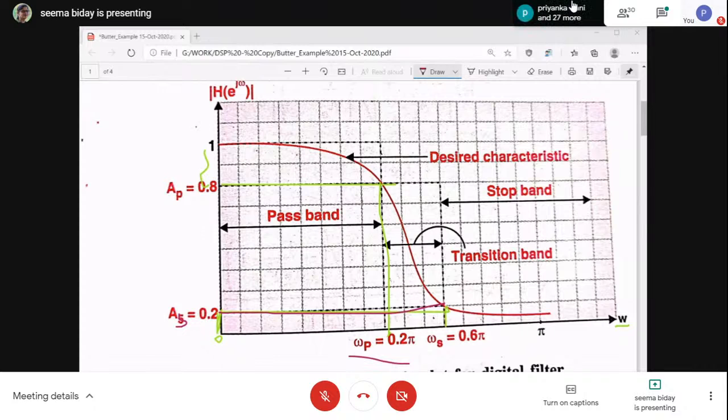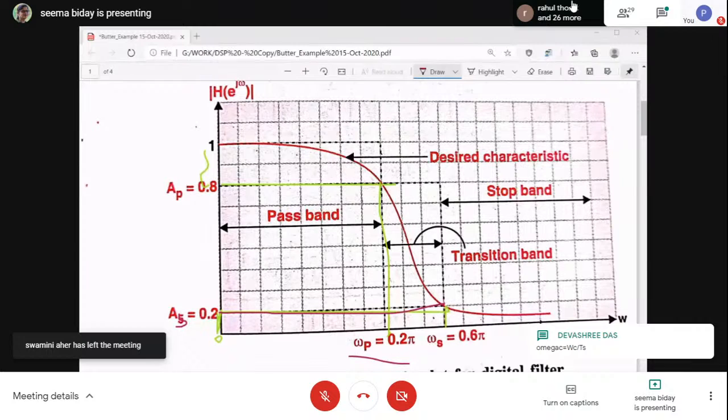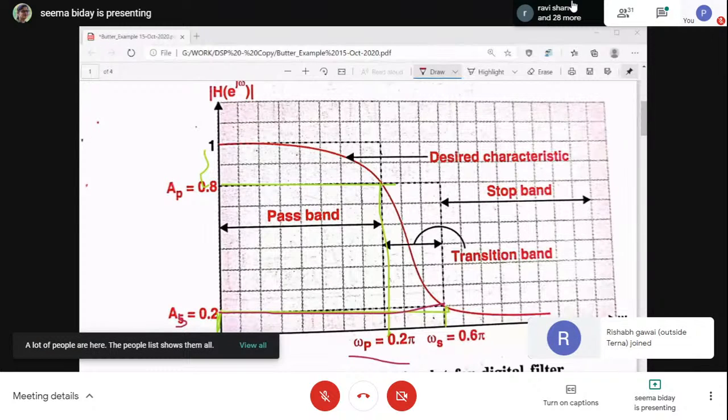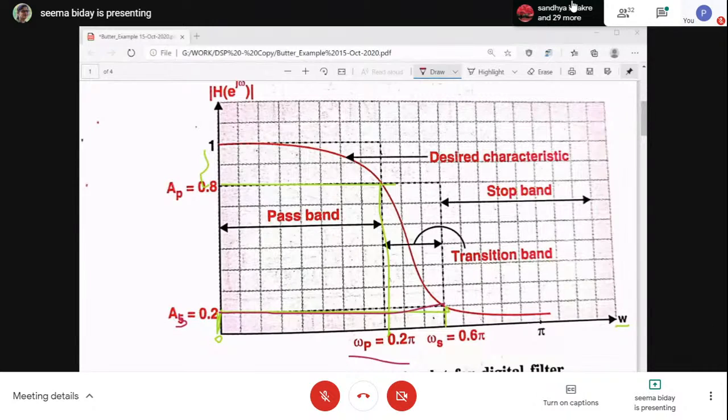Now my next question to you is, what is the definition of cutoff frequency? I am asking you the definition. WC is okay, you call this a cutoff frequency. I am asking you the definition of cutoff frequency. Now you have been studying filters for so many lectures, and earlier also you have studied.